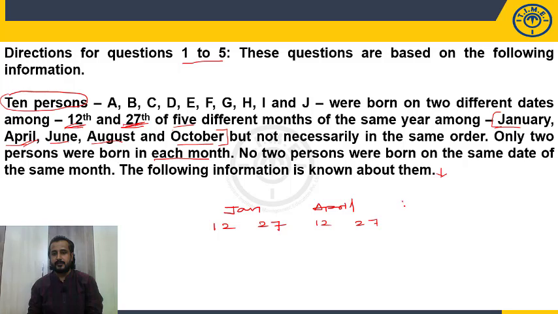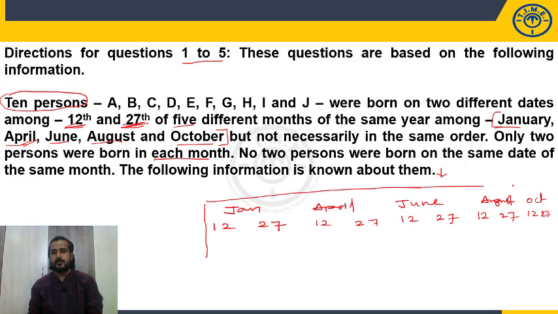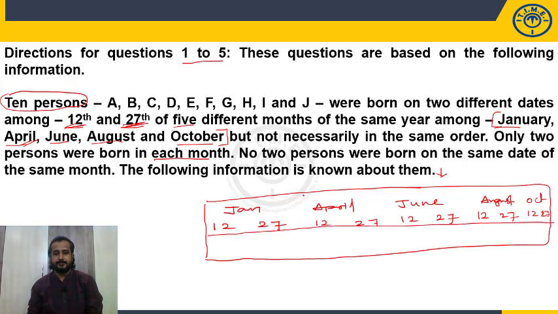And 5th and 6th persons must have been born in the month of June, 12th and 27th respectively. And the 7th and 8th persons must have been born in August, on 12th and 27th respectively. 9th and 10th persons must have been born in October, 12th and 27th. Now with the help of the given clues, we are going to distribute the persons, deciding who was born on which date.